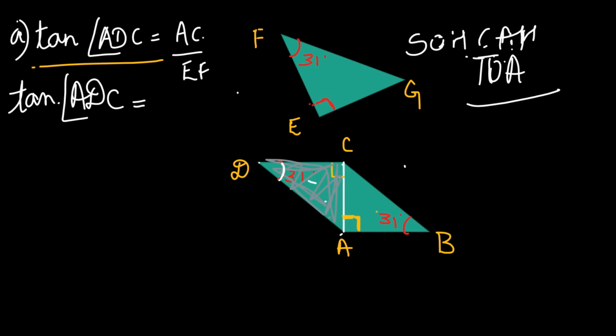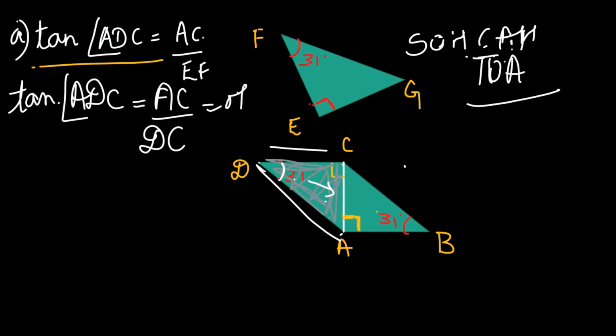The opposite of this 31 is CA, that is AC, and the adjacent of 31 is, since this is the hypotenuse, this side, that is DC. This is the definition for tan, opposite by adjacent. This is how we have evaluated.